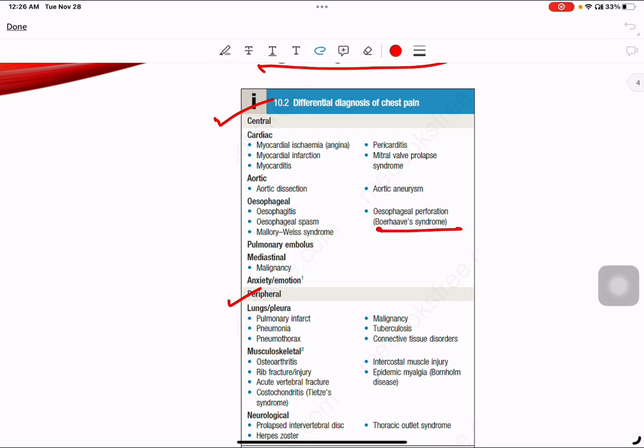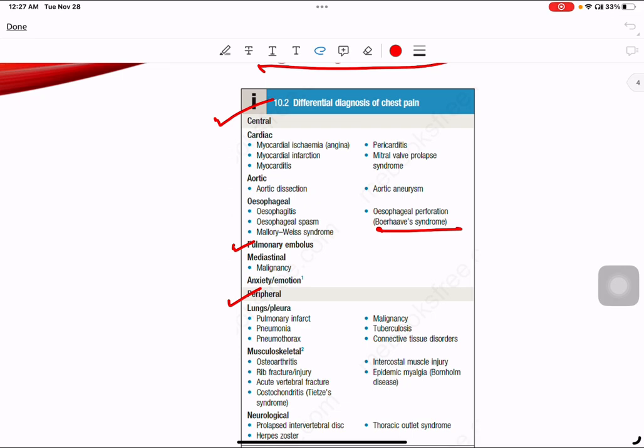This is an important cause of chest pain. Pulmonary embolism can have severe central chest pain. Then there are some mediastinal causes, like mediastinal malignancy.